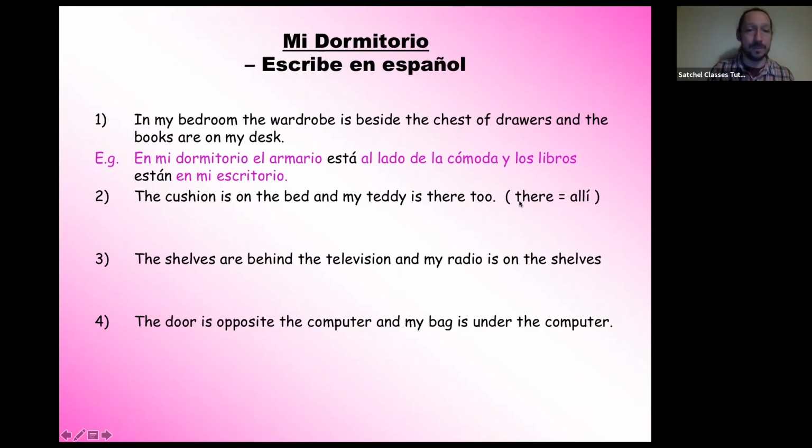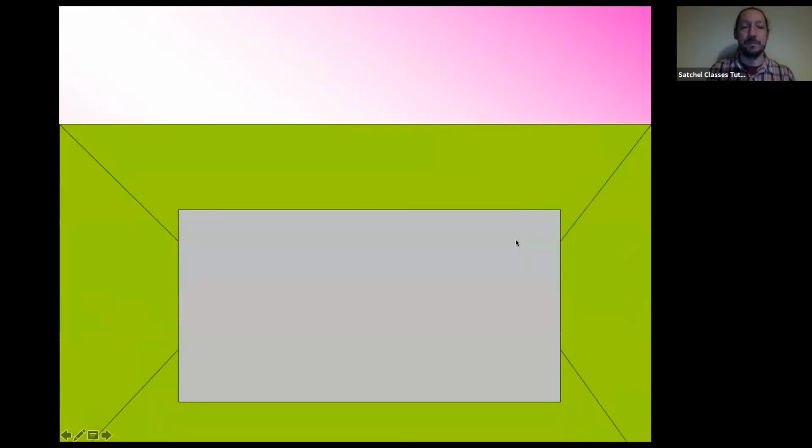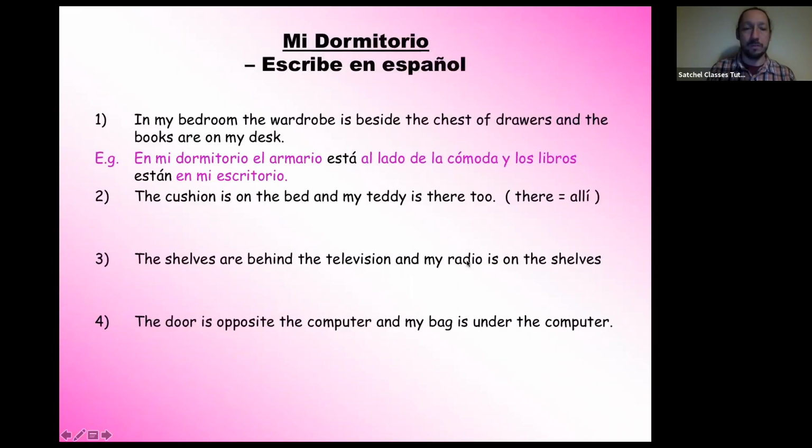That's good. So, the cushion is on the bed and my teddy is there too. So let's translate that one. Perfect. So the cushion is on the bed and my teddy is there too.